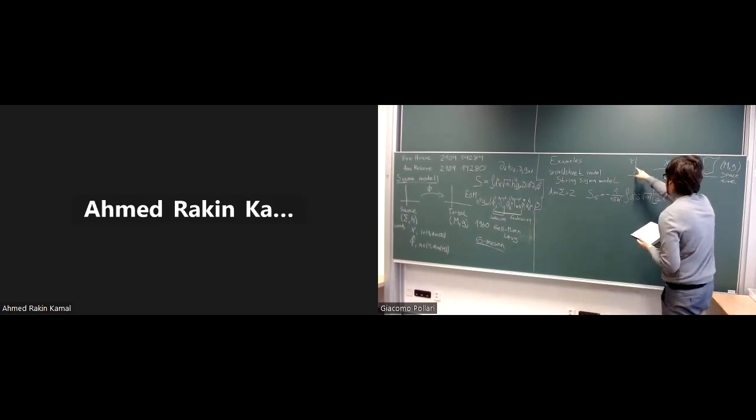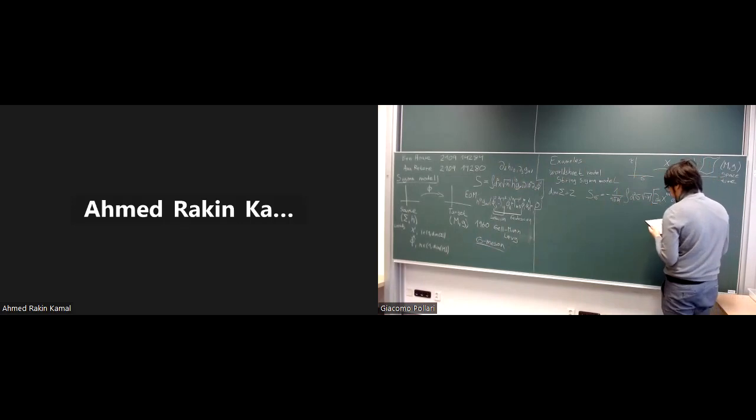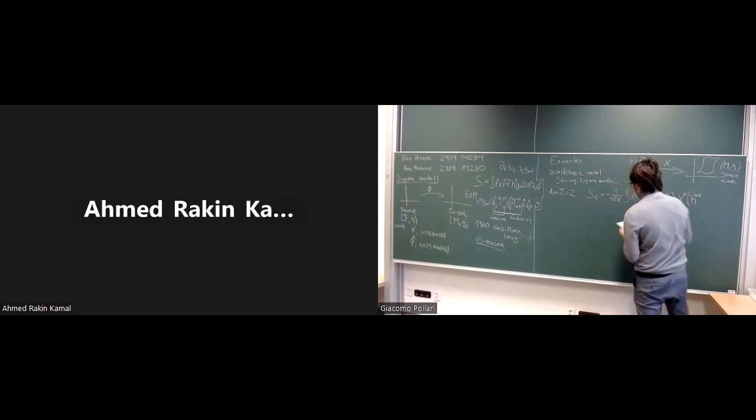I'm also changing the notation: for the worldsheet coordinates I'm using mu, and for space-time I'm using m, n. So this is the standard action, with the metric on the source that I call H.